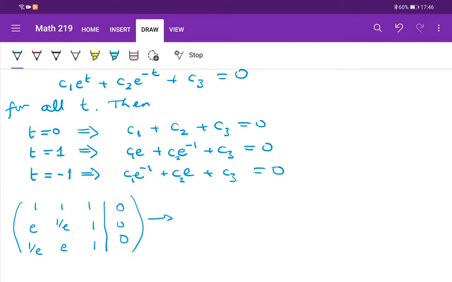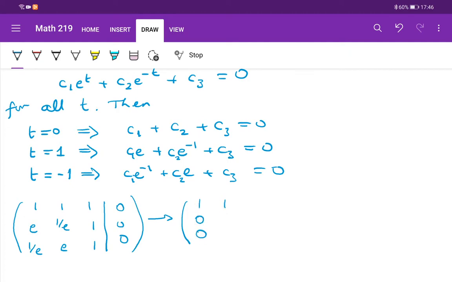And if we try to transform this into row echelon form, to get the first column into row echelon form, we do 2 row operations. I won't write down what the row operations are, so it should be clear what they are.